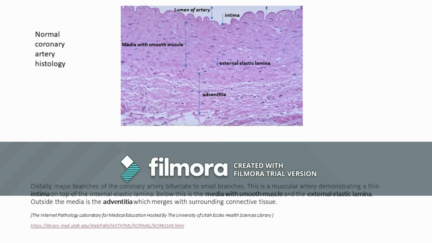It has the thin intima layer that is facing the lumen of the artery, and then below that is the media layer, which is composed of smooth muscle tissue, and there is a layer called the external elastic lamina, which is elastic connective tissue, and then the outside layer, which is outside of the media layer, is called the externa, or the adventitia layer, and this merges with the surrounding connective tissue.